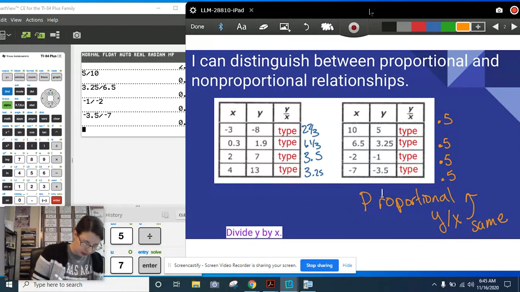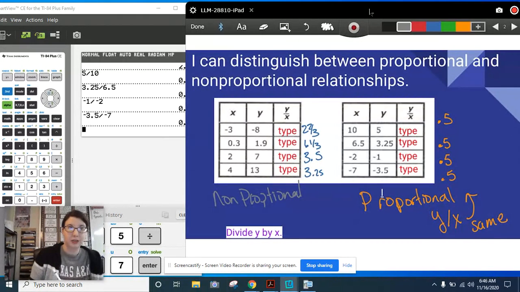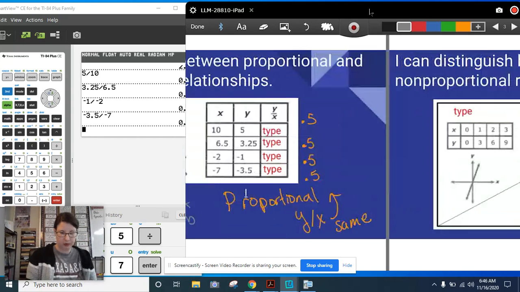But on this side, this is a non-proportional relationship. And to find the slope, we really are going to have to put this in our calculator and find what our y-intercept is. So we would use stat edit to find our m and our b.